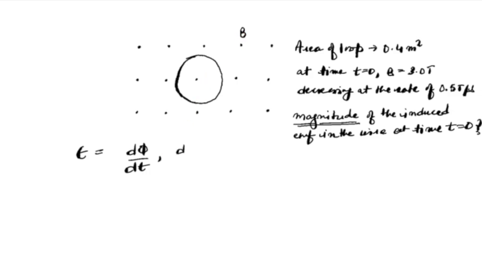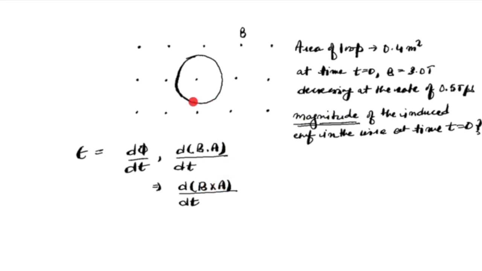So flux is nothing but a dot product of the magnetic field and the area vector. So it can be written as B dot product A, divided by dt. Now the magnetic field is upwards, and we can take the area vector also upwards for our convenience. So the dot product will be cos 0, which is 1. So we can write it simply as dB multiplied by A. Now in this case, the area is constant.